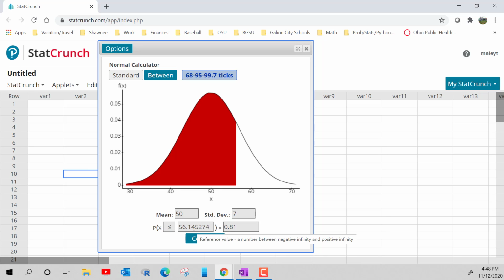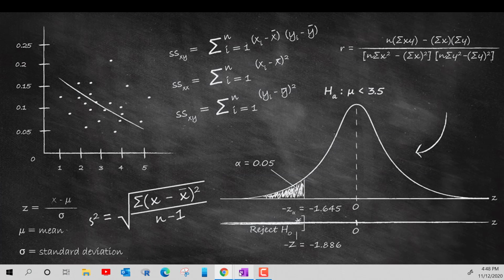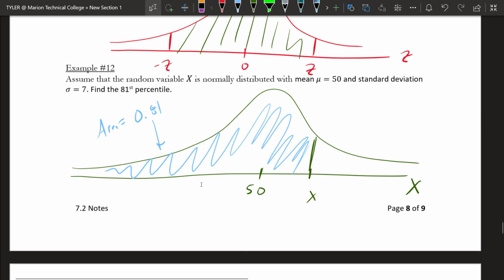So the answer is 56.15, rounded to 2 decimal spots. So in this case, x was equal to 56.15. That's the cutoff value here. We found the line in the sand where 81% of the area to the left is 0.81.